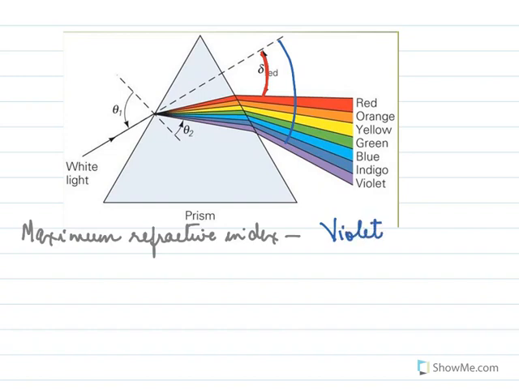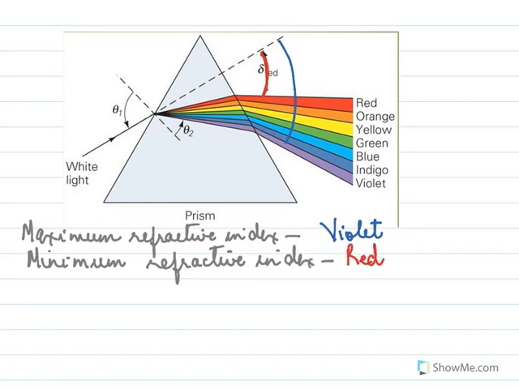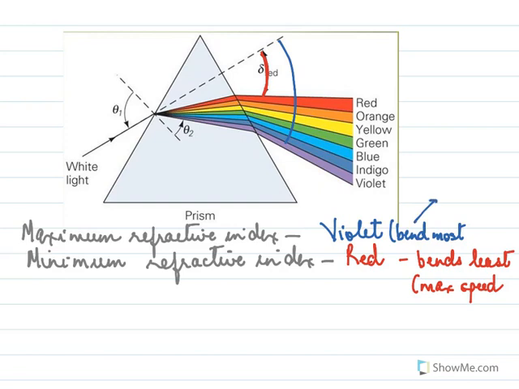Violet bends maximum, so the refractive index of violet is maximum. And who's got minimum refractive index? Minimum refractive index will be red, because red bends the least. But red has maximum speed. Violet bends the most, but it has least speed.